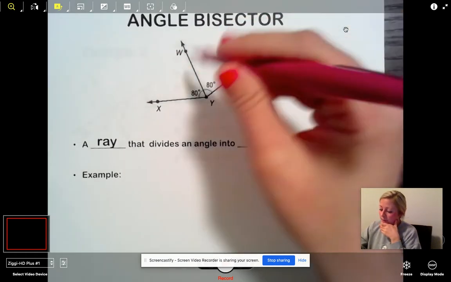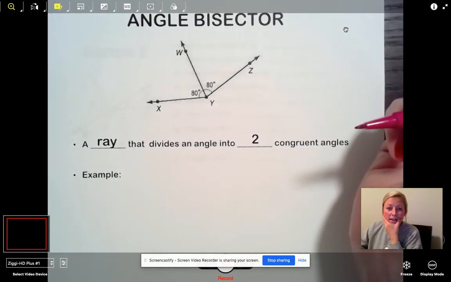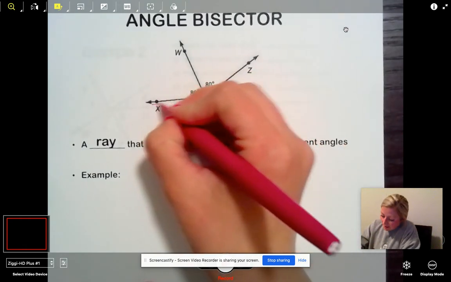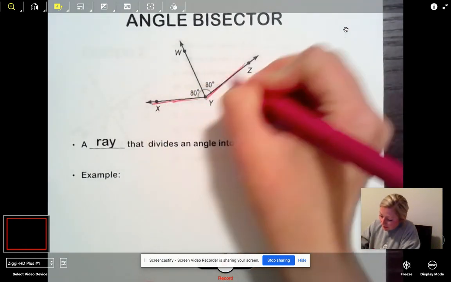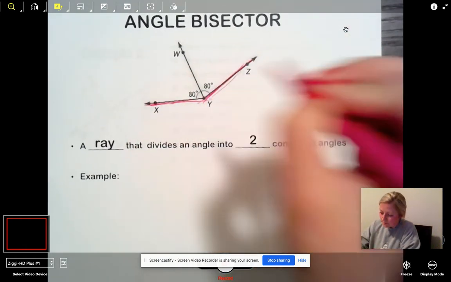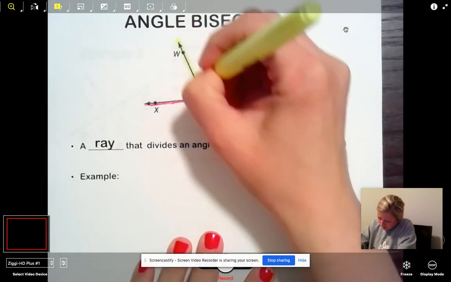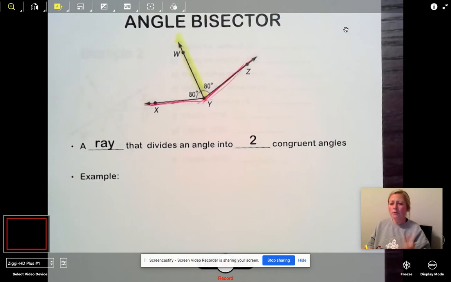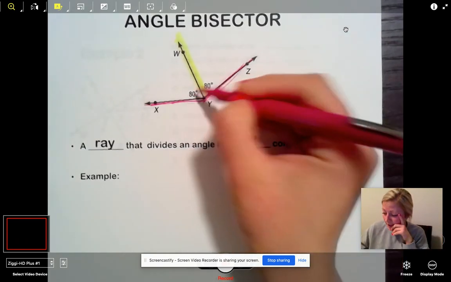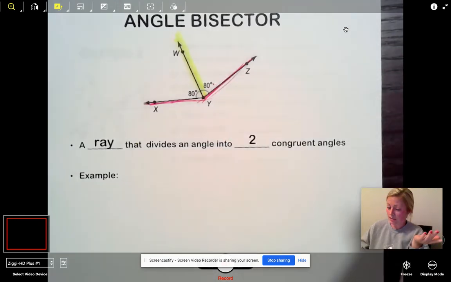So in this example here, what's my angle bisector? What's cutting this big angle here in half? Well, I hope you're looking at this ray right here. Isn't that cutting it in half? Well, Miss Bundy, how do I know it's in half? Well, let me tell you. 80 degrees, 80 degrees. Are those the same?